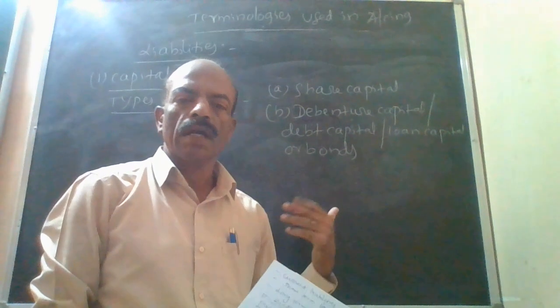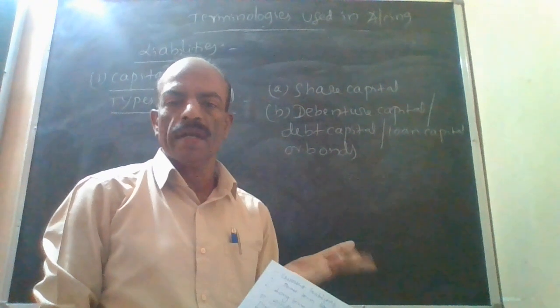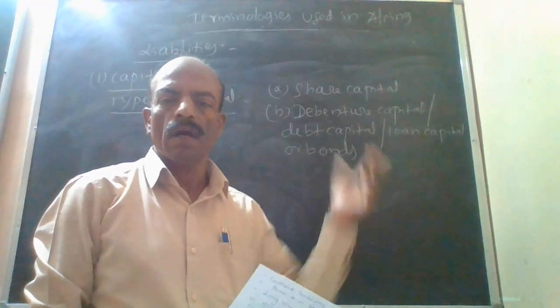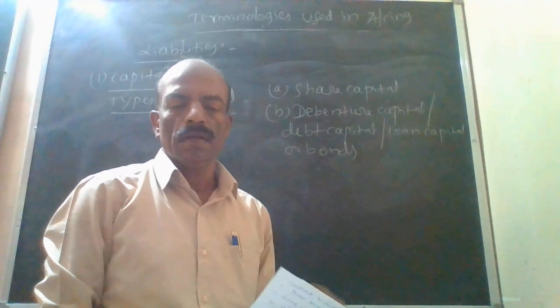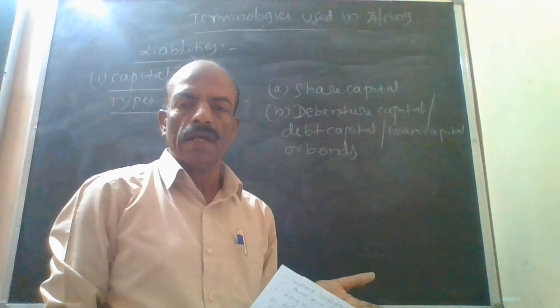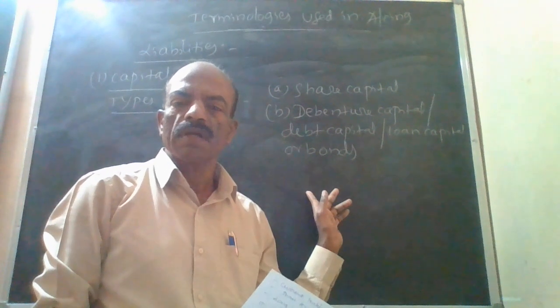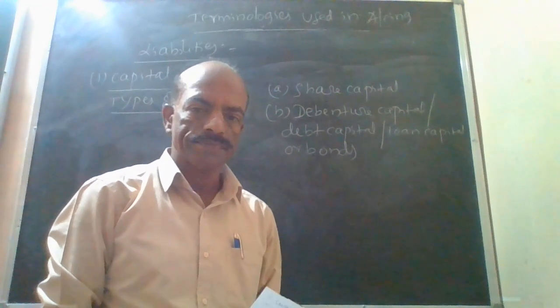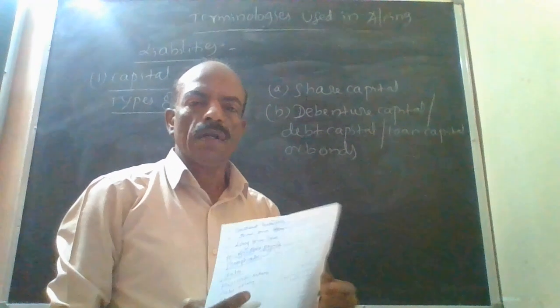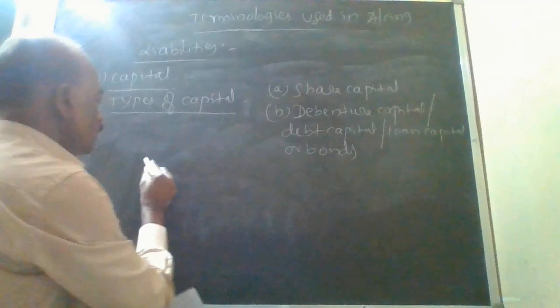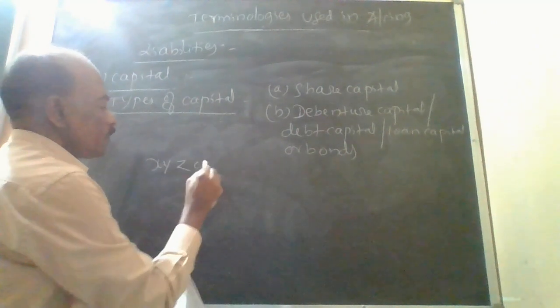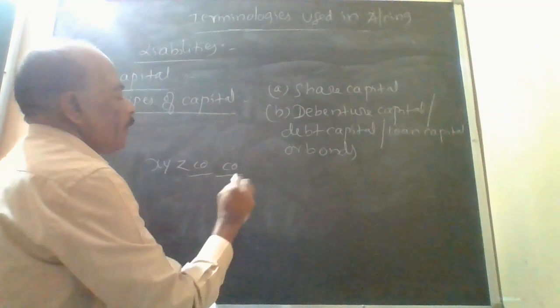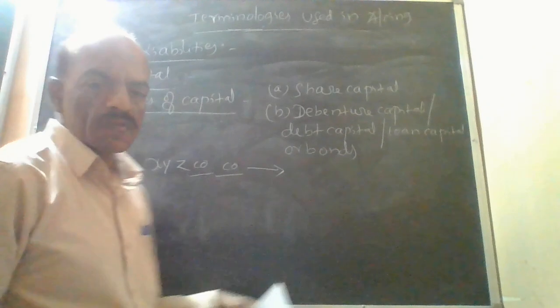Capital can be collected in various forms. We can take a loan from the bank or we can issue share capital. When they issue share capital, it is the responsibility of the company to pay the dividend. For example, ours is an XYZ company, and we give an advertisement in the newspaper.